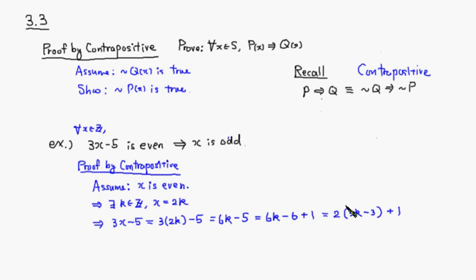All right, so you can see that 3x minus 5 can be written as 2 times some integer, namely 3k minus 3, plus 1. All right, so there exists some integer L, actually L has this form, 3k minus 3, which is still an integer, such that 3x minus 5 is equal to 2 times L plus 1, which indicates that this is an odd integer.